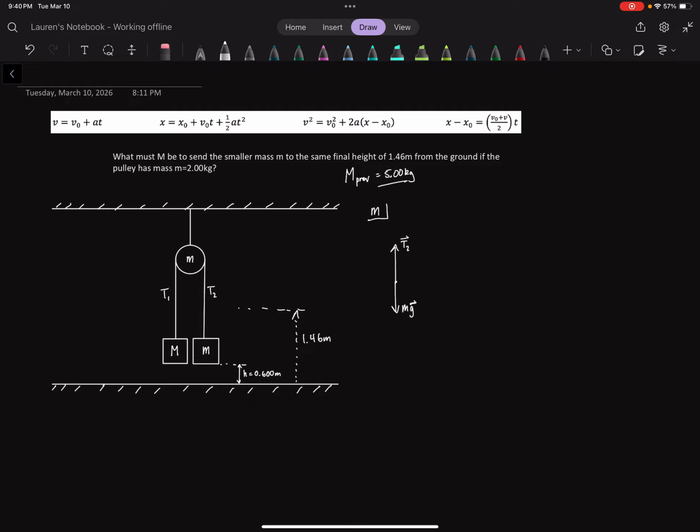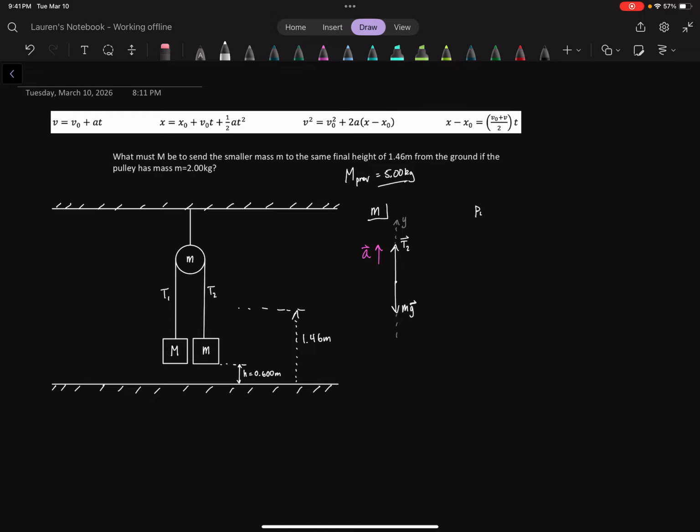And it is moving upwards, so acceleration upwards. And so I'm going to take my positive y in the upwards direction.